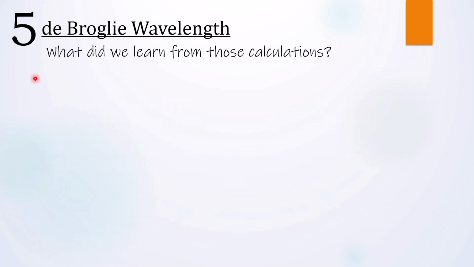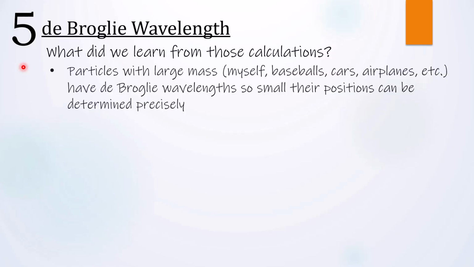So one thing we should always ask is, what do we learn from those calculations? At this point, maybe it's just a bunch of numbers that we've spit out of our calculator. But particles with large mass, and this was the problem with myself, or let's say with baseballs, footballs, cars, airplanes, things that have kinetic energy and are moving, they're going to have de Broglie wavelengths that are so small, their positions can be determined precisely.